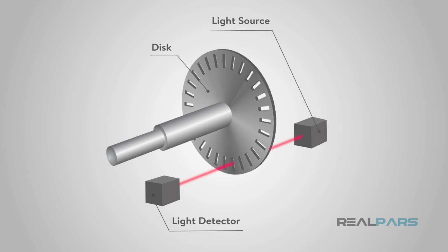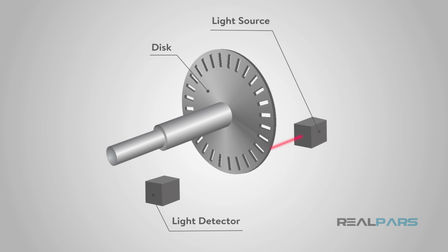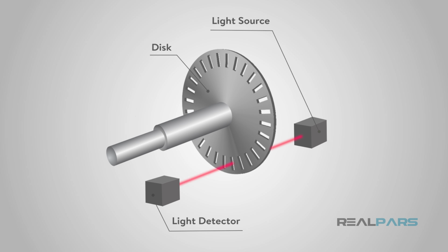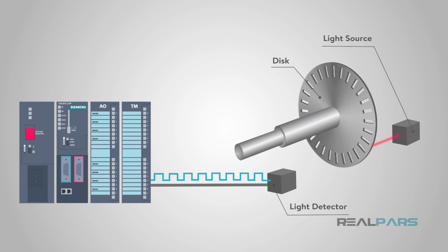On the other side of the disk is a photosensing device that will interpret the light based on the pattern on the disk. Picture a shutter blocking and unblocking the light. The pulses of light are then converted to an electrical signal to be sent back to the processor through the encoder's output.